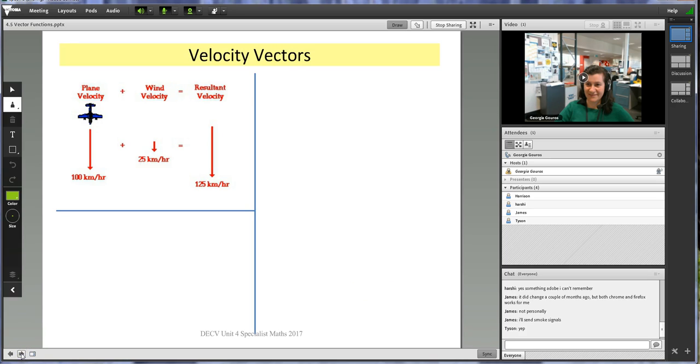Okay, so this is stuff you know. So recalling back to Unit 3, the addition of vectors. Okay, this works the same way even when they're a function of time. So you've got your plane velocity, a vector quantity, it's got direction, and you've got your wind velocity. So this is a tailwind pushing this plane to go even faster. So the resultant velocity, just add them up. And thinking about what's happening even when the vector is a function of time, these attributes still apply.